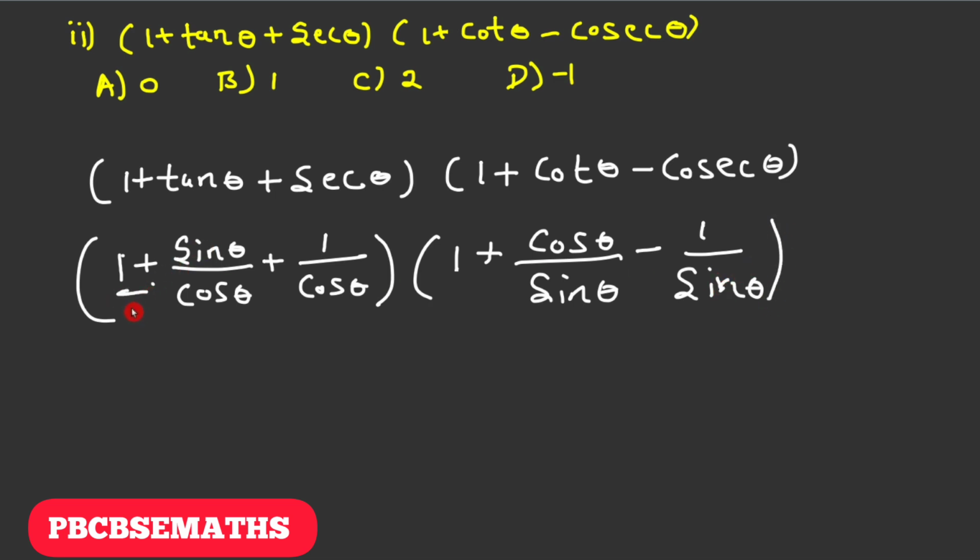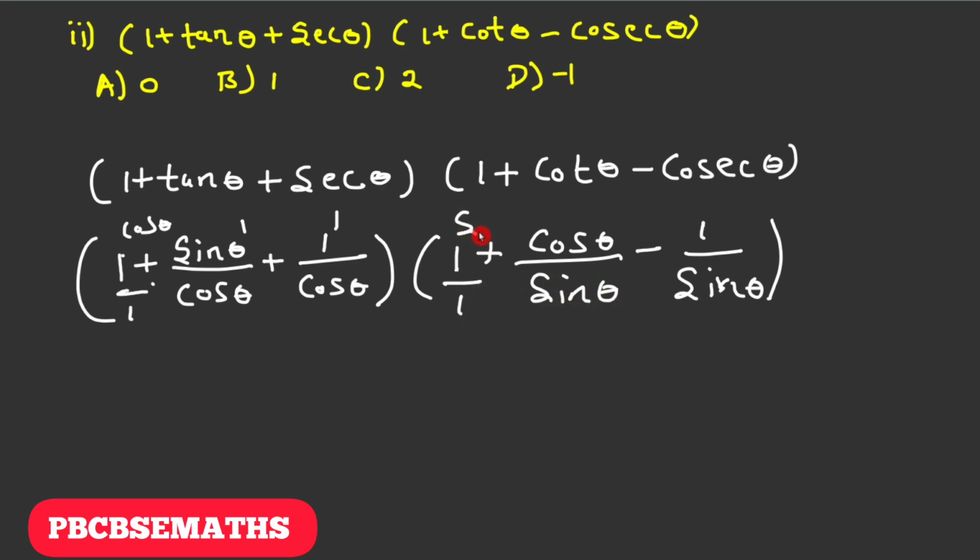Here let's find the LCM of 1 and cos theta, which is cos theta. So 1 into cos theta gives cos theta, plus sin theta into 1 gives sin theta, plus 1 into 1 gives 1, whole divided by the LCM cos theta, into bracket. Here let's find the LCM of 1 and sin theta, which is sin theta.